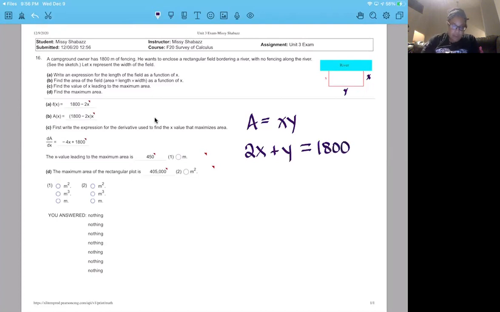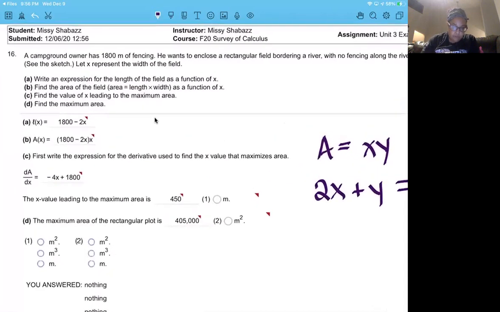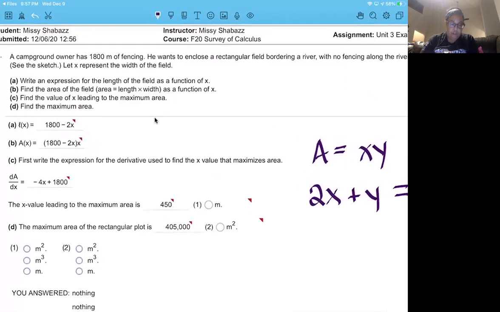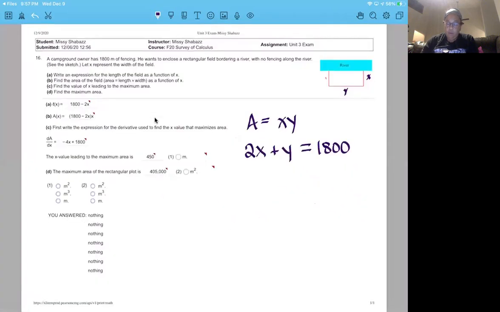Now, they want us to answer these in a certain way. Write an expression for the length of the field as a function of x. So y equals 1,800 minus 2x. So that's what they want there.